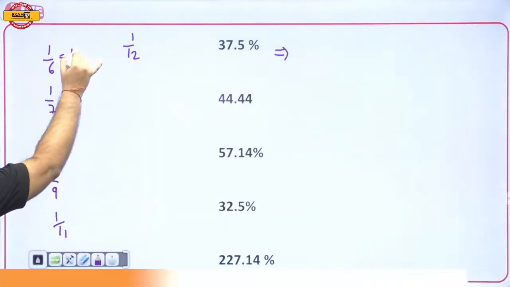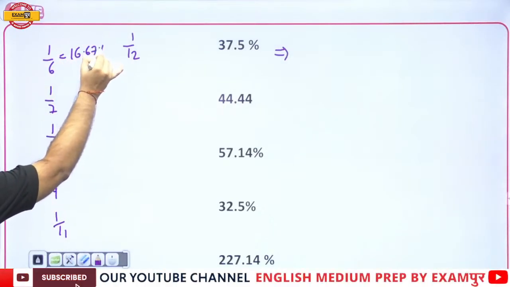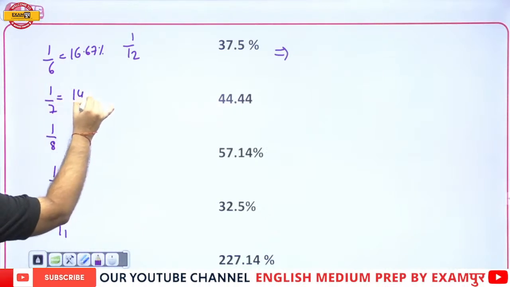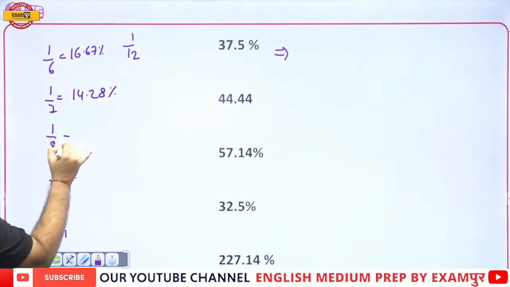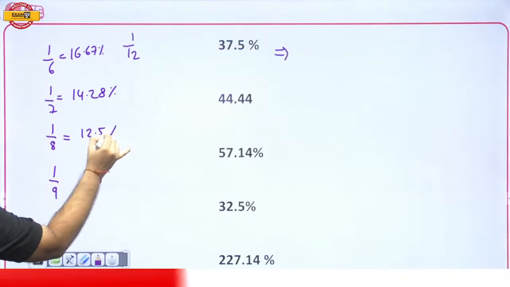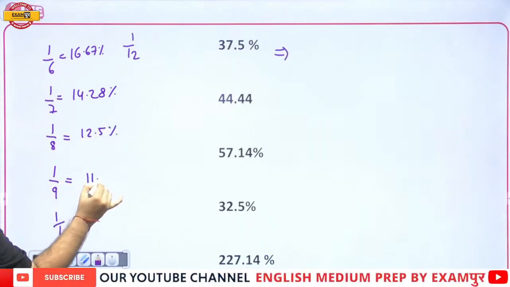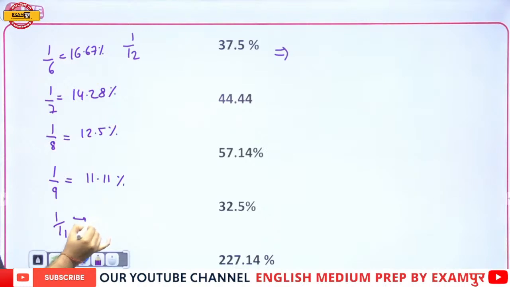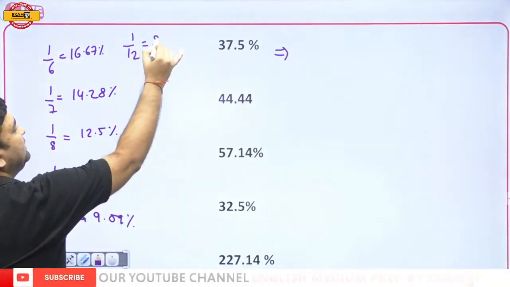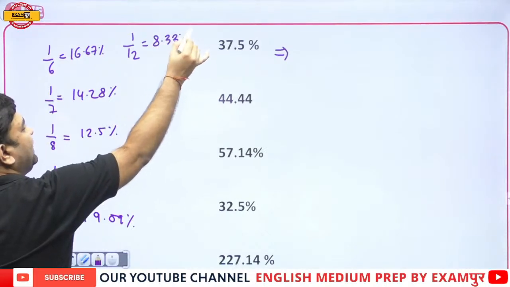1 by 6, 16.67. 1 by 7, 14.28. 1 by 8, 12.5%. 1 by 9, 11.11. 1 by 11, 9.09. And 1 by 12 is 8.33. These are the famous 5, guys.